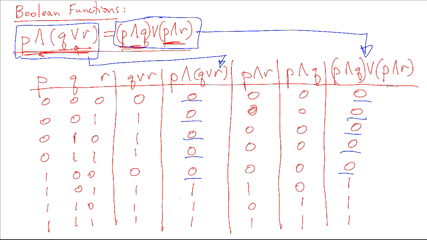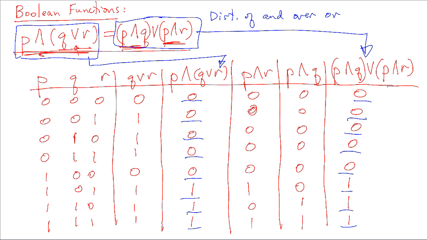Okay, so this proves it using the truth table. And you should go ahead and do an example where you're doing the same thing with the distribution of OR over AND. So this is distributive. This is distribution of AND over OR.